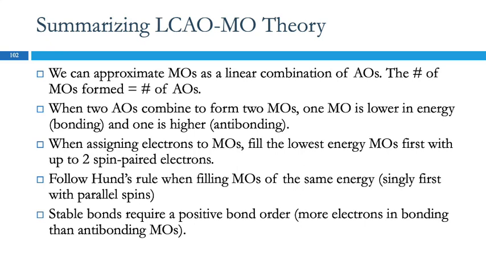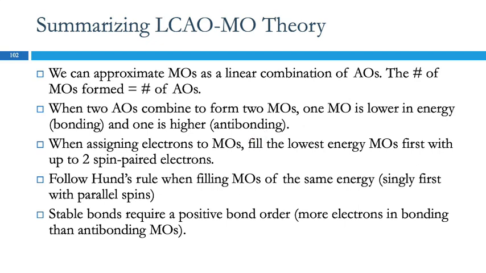In the hotel analogy, you've got a certain number of beds, right? And no matter how you move walls around, you still have the same number of beds, okay? When we combine 2 atomic orbitals, you'll form 2 molecular orbitals. One's lower in energy, the bonding, one's higher, antibonding.